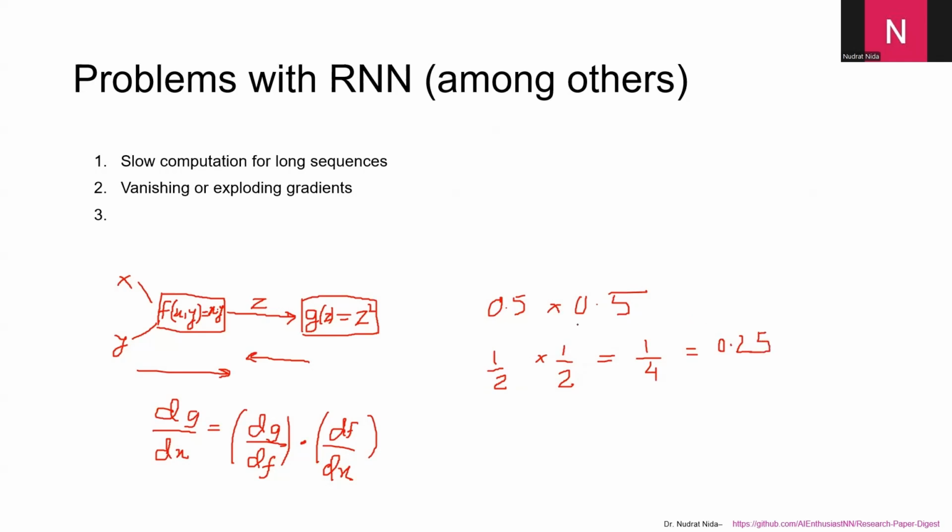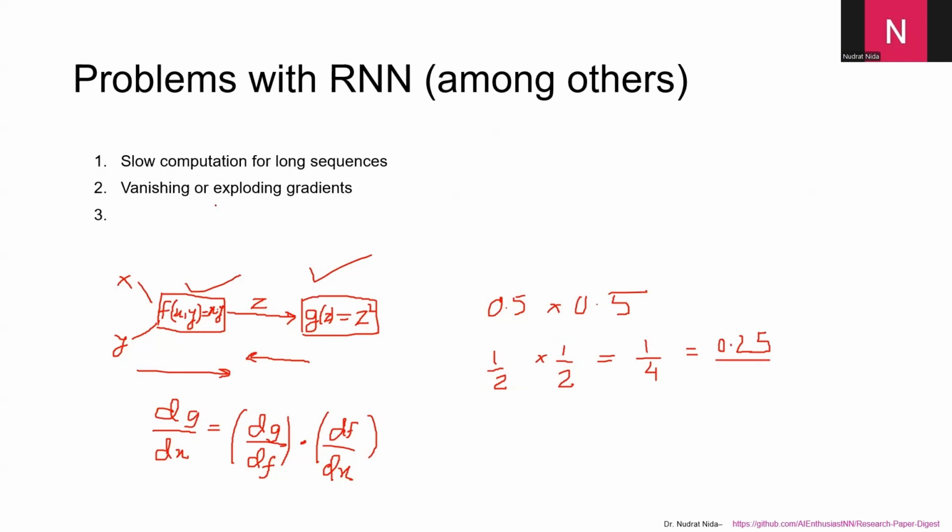So the concept of vanishing gradient means that if there are multiple nodes in between the input and output, and the values of these derivatives are lower than one, then at the end the derivative becomes negligible. So it won't be able to reduce the loss, and it will create the problem of overfitting and underfitting.